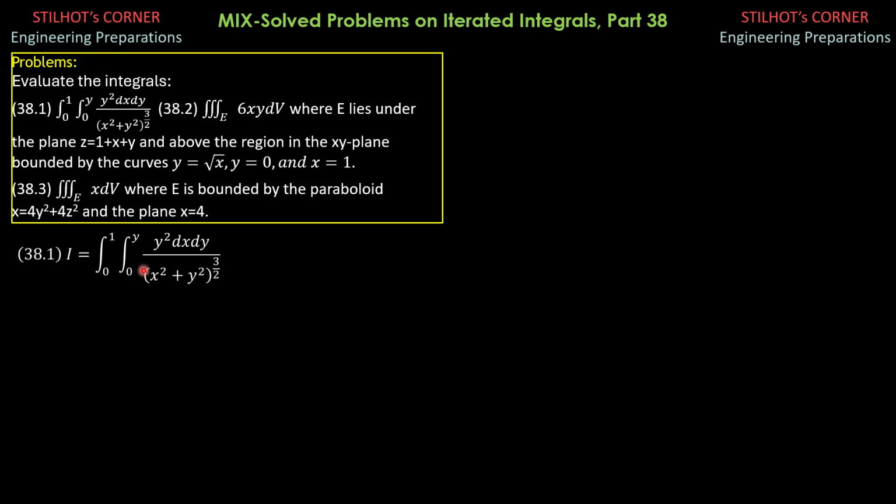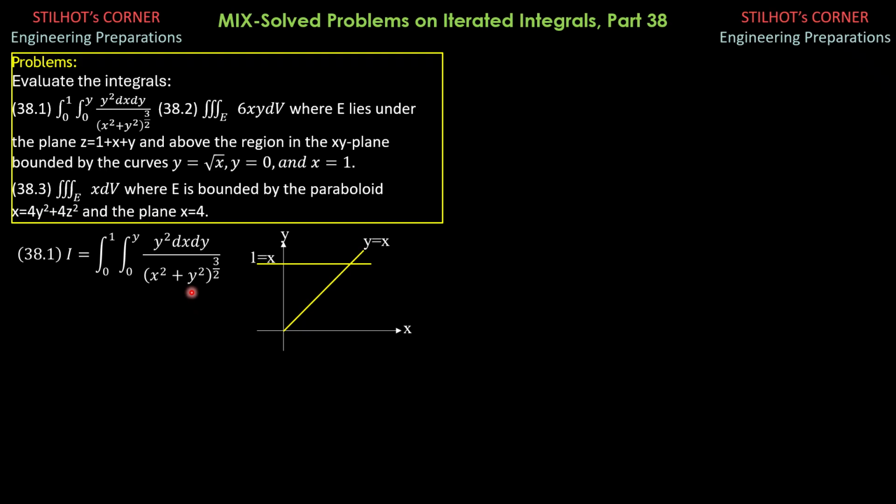If this is the x-axis, this is the y-axis, and y equals x is aligned 45 degrees from the x-axis as shown, then let's make x the variable and treat y as constant.